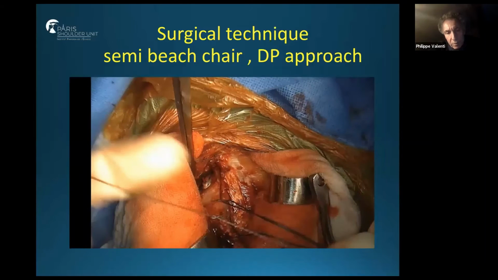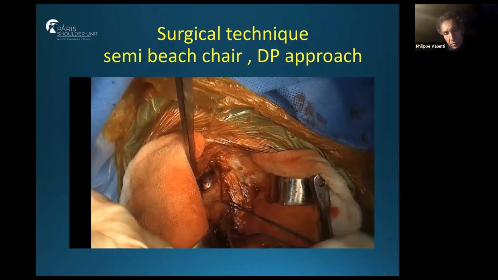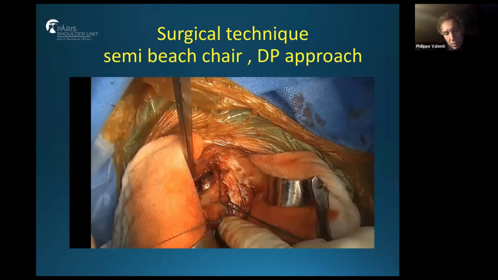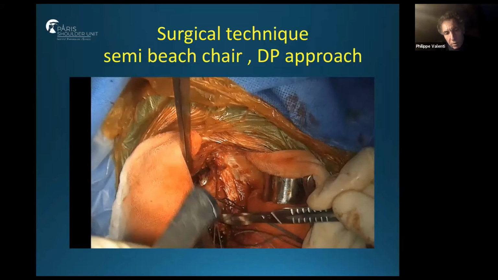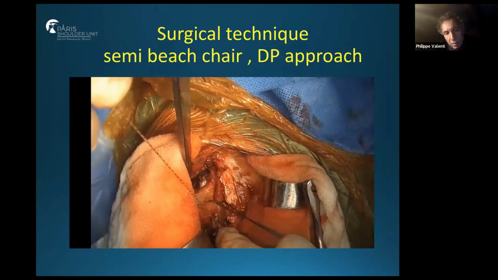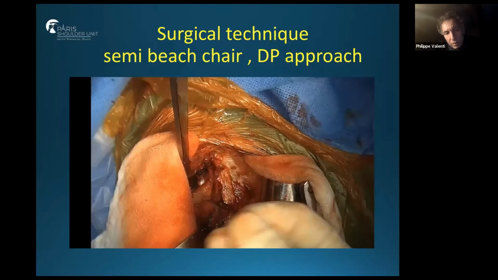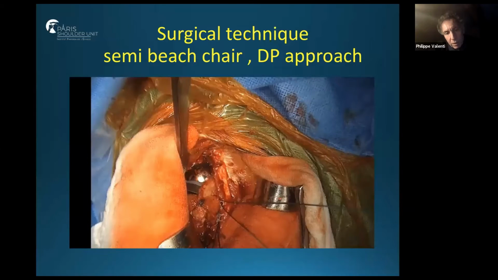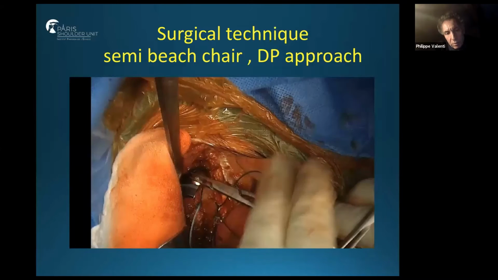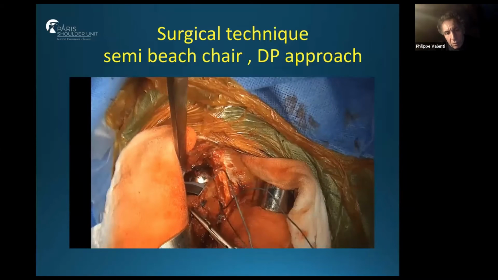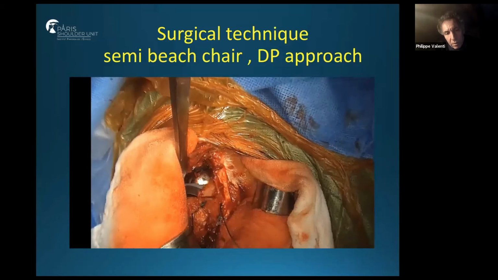It's very important for us, not for the stability, but for internal rotation and the strength in internal rotation. I think that we have to repair the subscapularis anatomically. You see that this is the second row, a transverse repair.